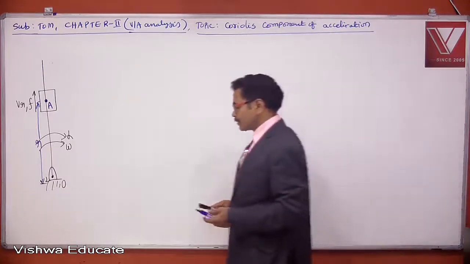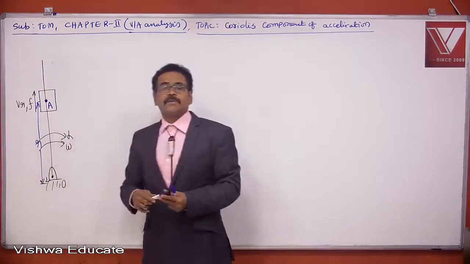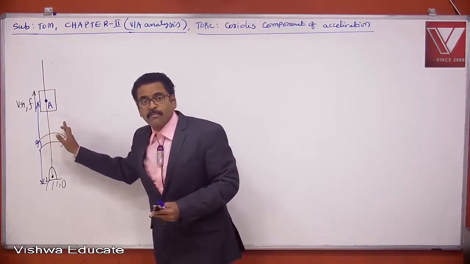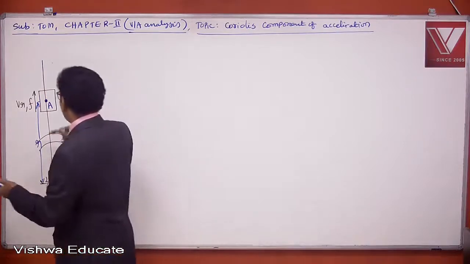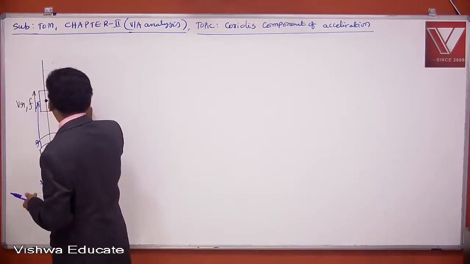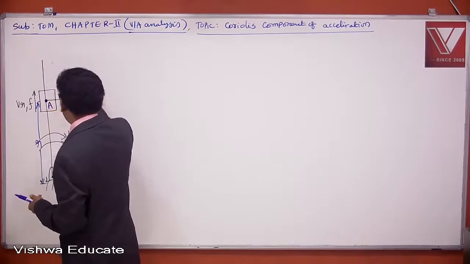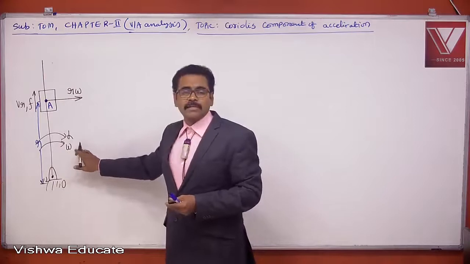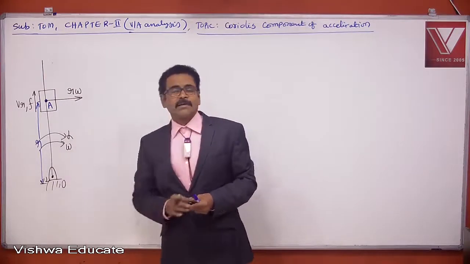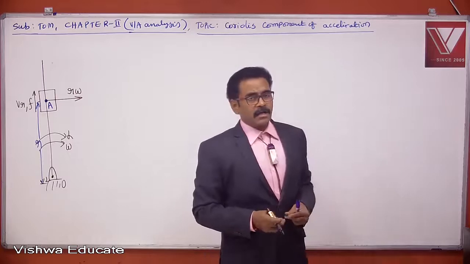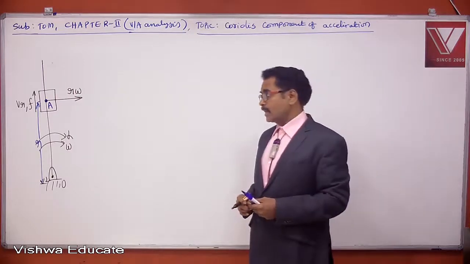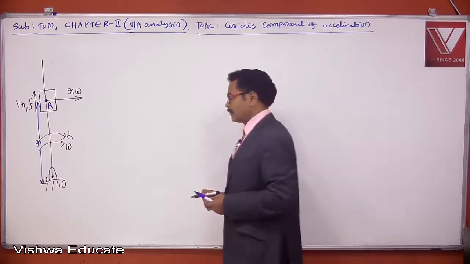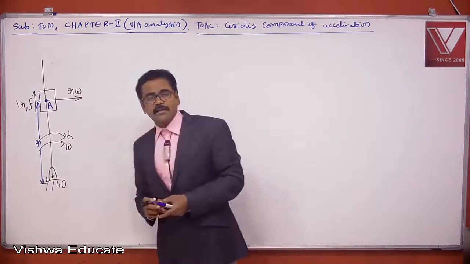Now, at this instant, what is the velocity of A? Since point A is rotating along with the link, point A experiences a tangential velocity of r times omega. The radius of point A is r, the angular velocity is omega. If any point is lying on a turning link, that point experiences a tangential velocity, which is radial distance times angular velocity.